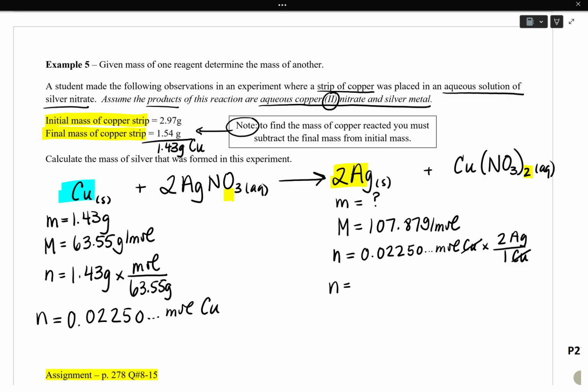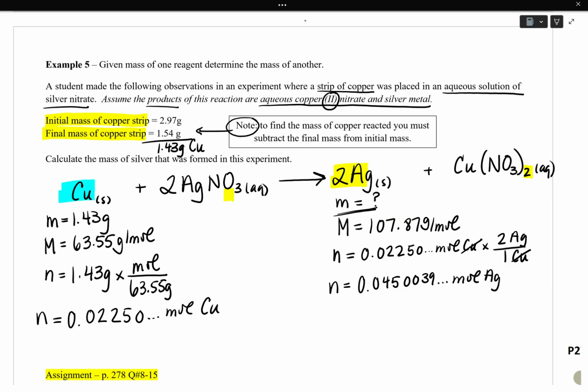So if you take 0.02250 and you multiply it by 2, divide by 1, you will get 0.0450039 moles of silver. So we are still looking for the mass of our silver.